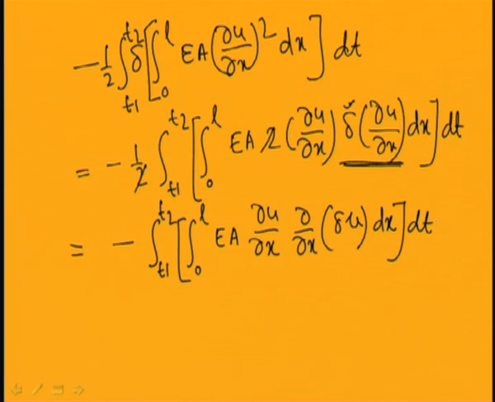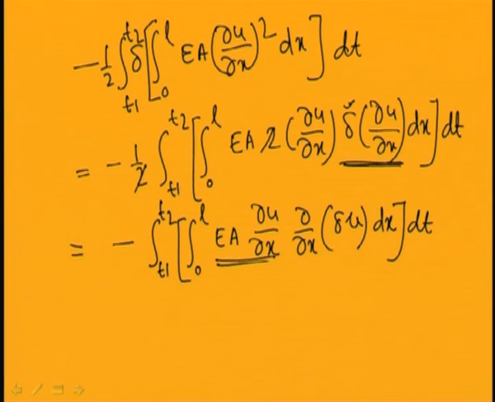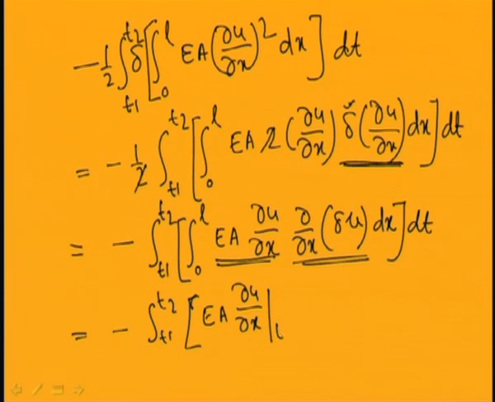Like the previous case, here also I can apply the integration by parts. Taking these as the first function and these as the second function, I can write this equal to minus T1 to T2 of E A del u by del x, first function remaining as it is, from 0 to L, since this integration is taking place from 0 to L, minus, so minus minus plus.